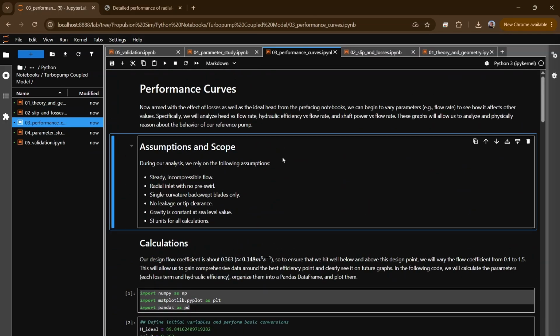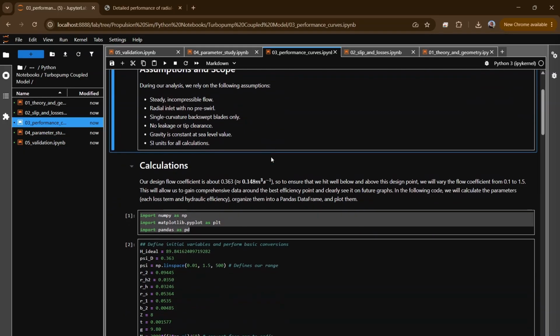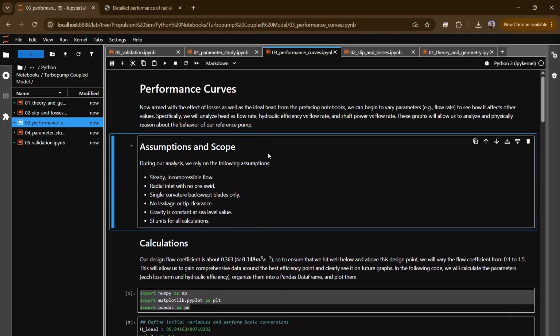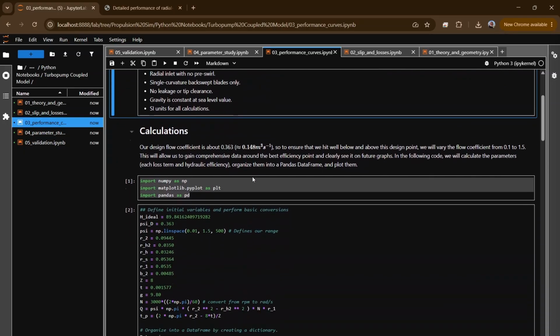Moving on to 03. This is where we actually get graphs. So we have the same assumptions, and we're going to analyze the head versus flow rate, the hydraulic efficiency versus flow rate, and the shaft power versus flow rate. And these will allow us to physically analyze the pump and see how it behaves.